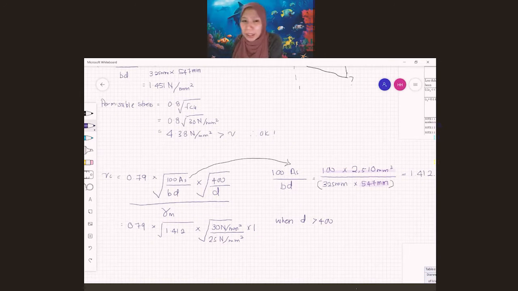So kita akan anggap square root 400 divide by D ni, square root pula, macam kuasa 4.